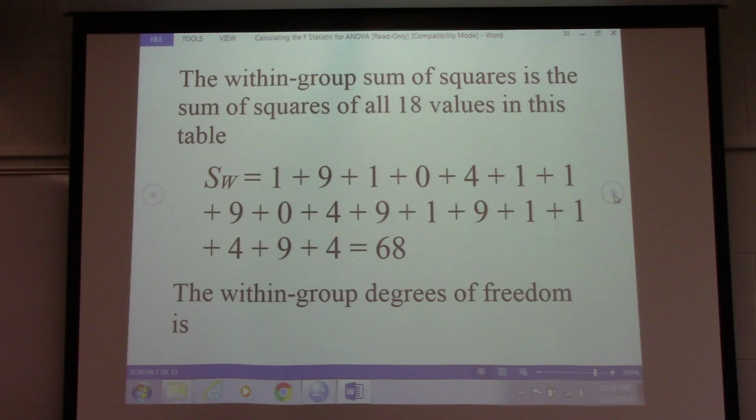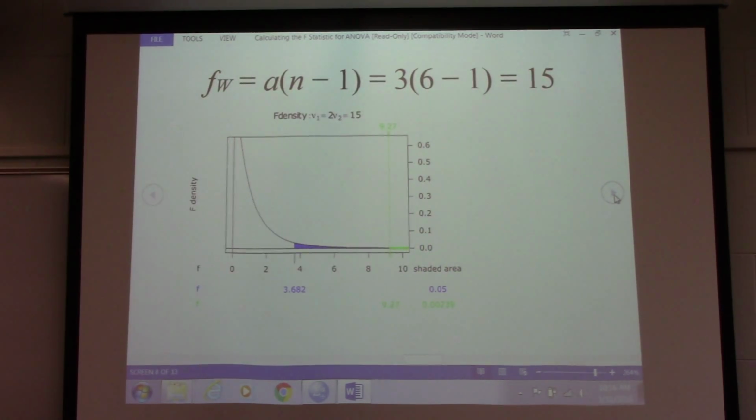To calculate the degrees of freedom, it's a little bit more of a complex formula. Don't worry about it, honestly. But in this particular case, we come up with a value of 15. The degrees of freedom are not really important other than they are related to the final statistic that you get.